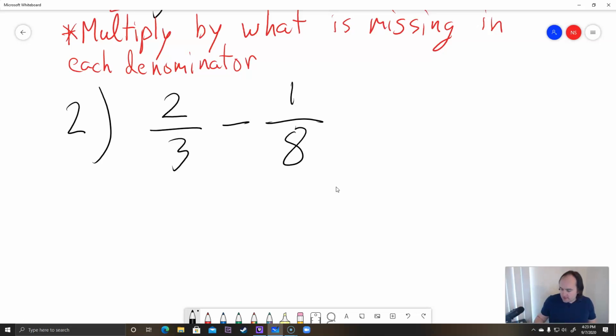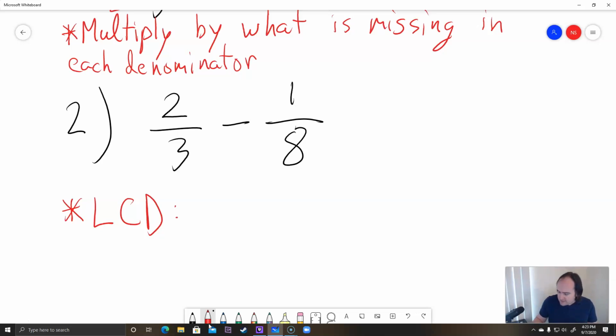So one way you can do this is you can find the LCD. And there's a lot of different ways of finding the LCD, but probably the easiest way is you list the multiples of the larger number until you find a number that the smaller number also goes into.